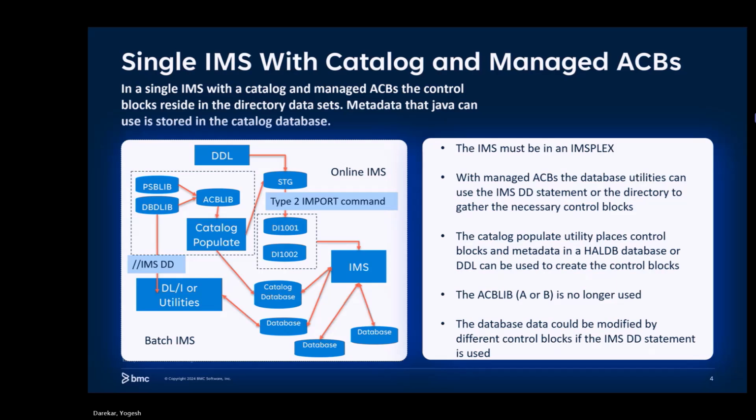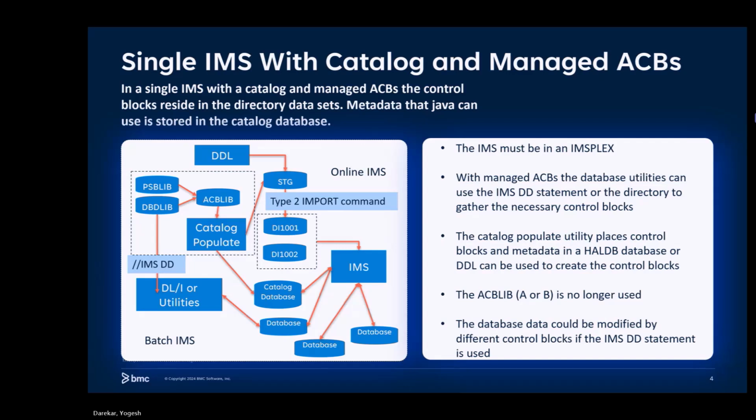That let the user do SQL-like queries to create databases and create PSBs, which are called program views, with the catalog. And from there, you would have the blocks you need to create the ACB for the IMS.